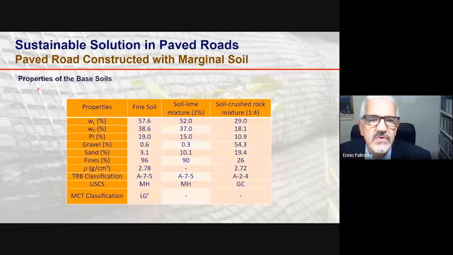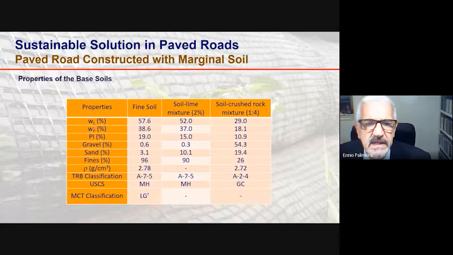This table shows the main geotechnical properties of the base materials, not just the fine soil, but the mixture of soil and lime in terms of liquid and plasticity limits and the classifications by TRB and USCS. And here the main geotechnical properties of the soil and crushed rock mixture.